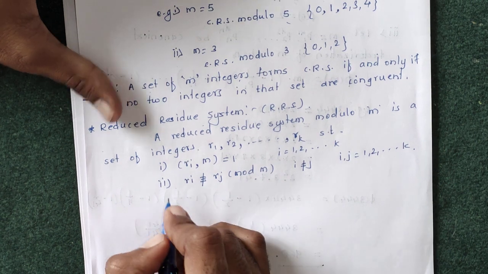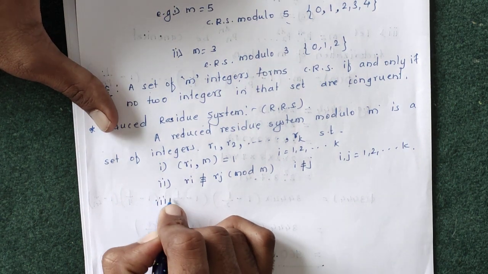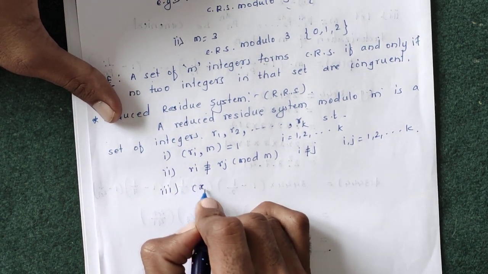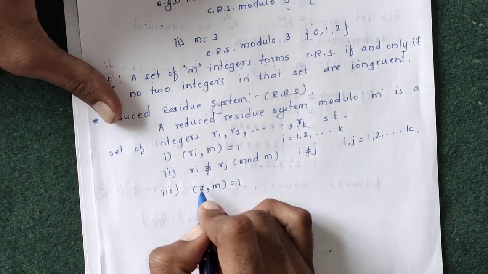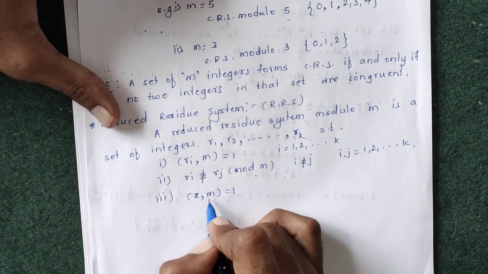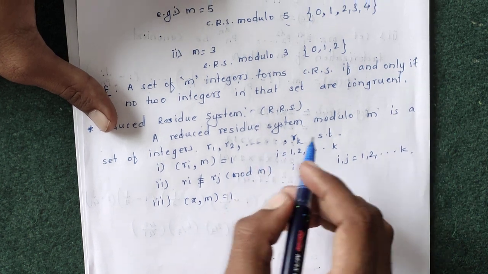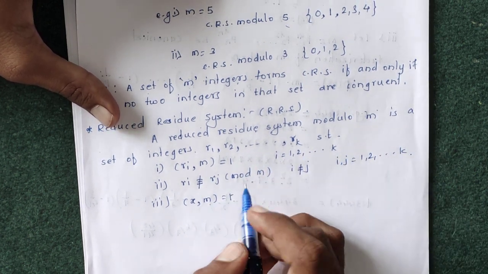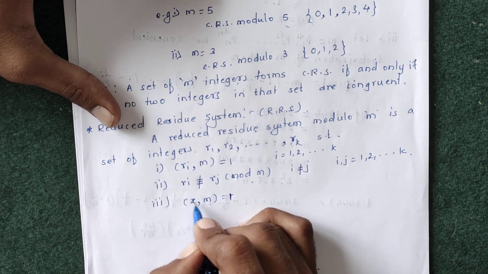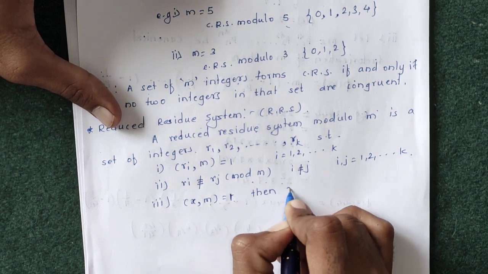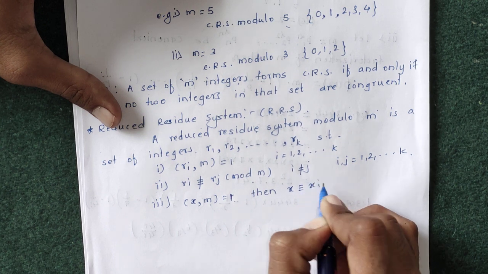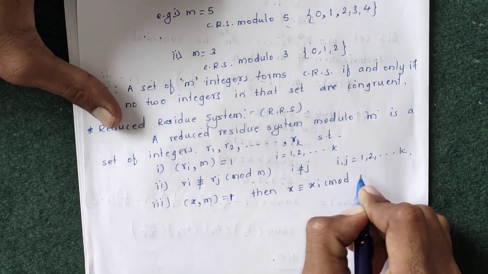And the third condition is that if the residue of x and m is 1, that is, any integer which is relatively prime to m, must satisfy that x is congruent to ri modulo m.